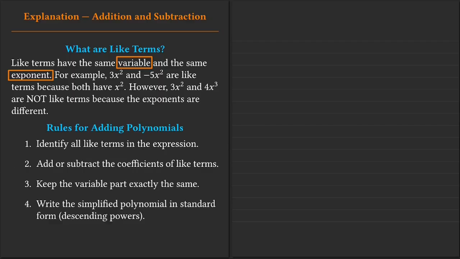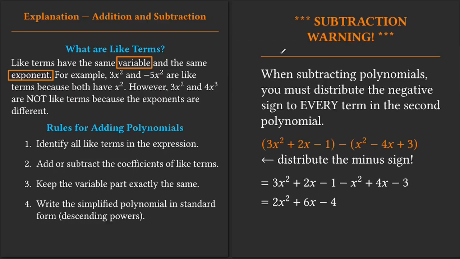Now, there is something you need to take note of, especially when you are subtracting. So the warning we have here is with regard to subtraction. It says, when you are subtracting polynomials, you must distribute the negative sign to every term in the second polynomial.